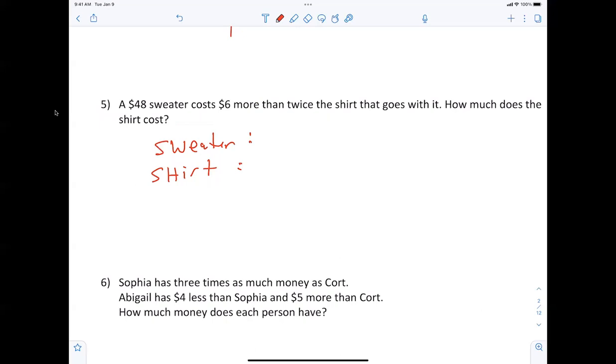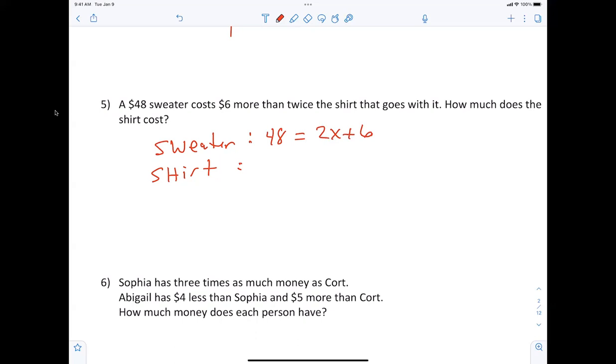A $48 sweater. So this is 48, right? This one was too easy. So the $48 sweater costs, which means what? Equals, now how do I write 6 more than twice the shirt? 2x plus 6. That was kind of easy.